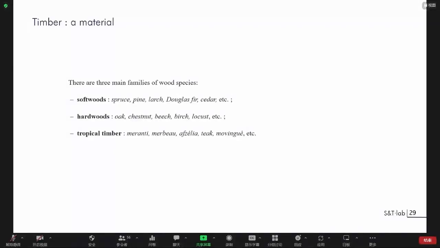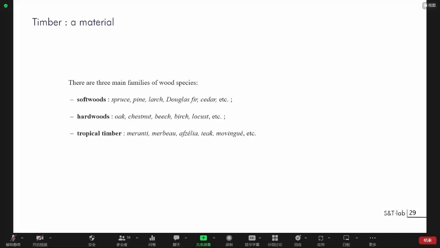From this, we have different families of timber: softwood and hardwood. Softwood examples are spruce, pine, larch, Douglas fir or cedar. Hardwood, such as oak or chestnut, beech, birch, locust, for instance. You also have tropical timber, which is used most of the time for window framing.